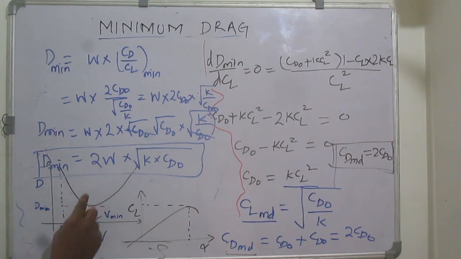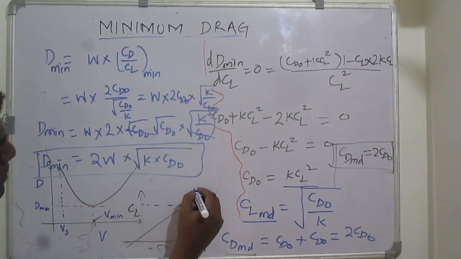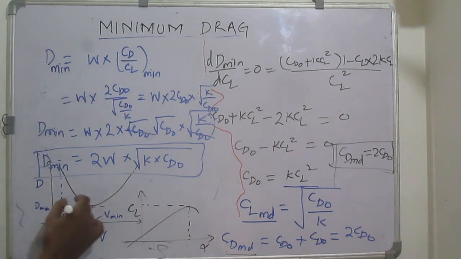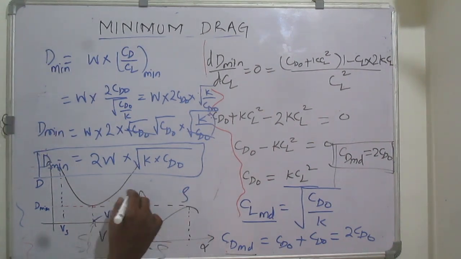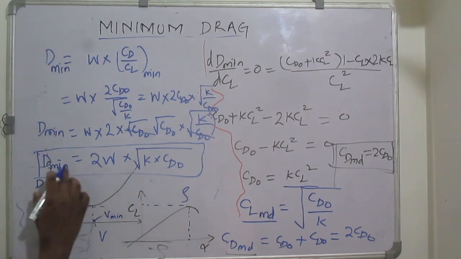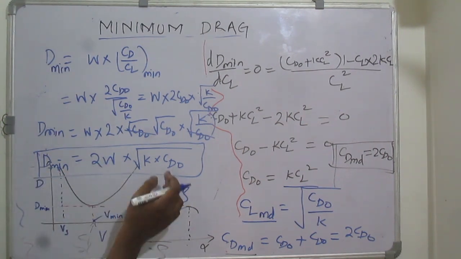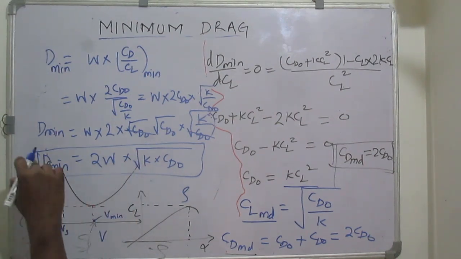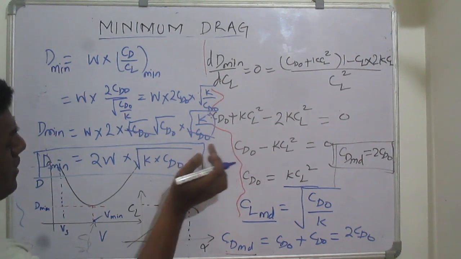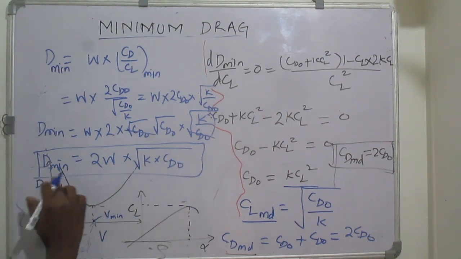We also have to understand that it is not a function of the altitude parameters. Minimum drag will not be affected by altitude, and we don't have density or any other parameters in it. So as long as the aircraft is in steady level flight at one particular altitude, this minimum drag will not be affected.